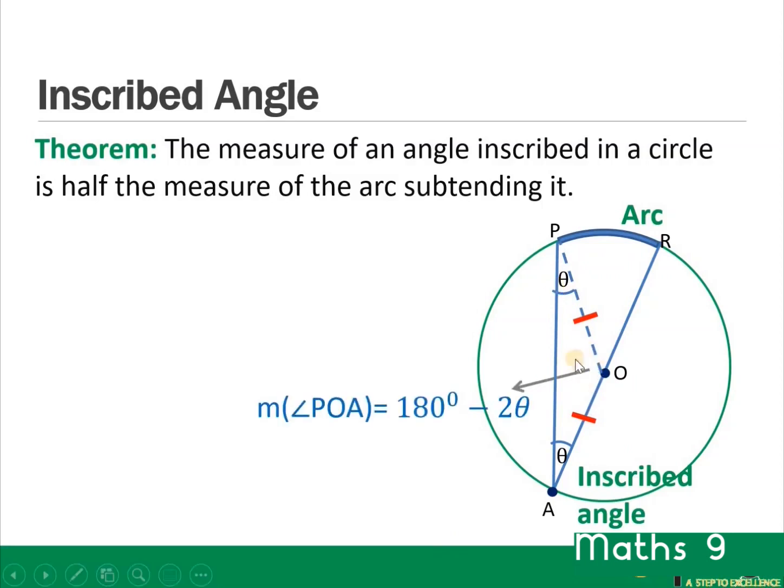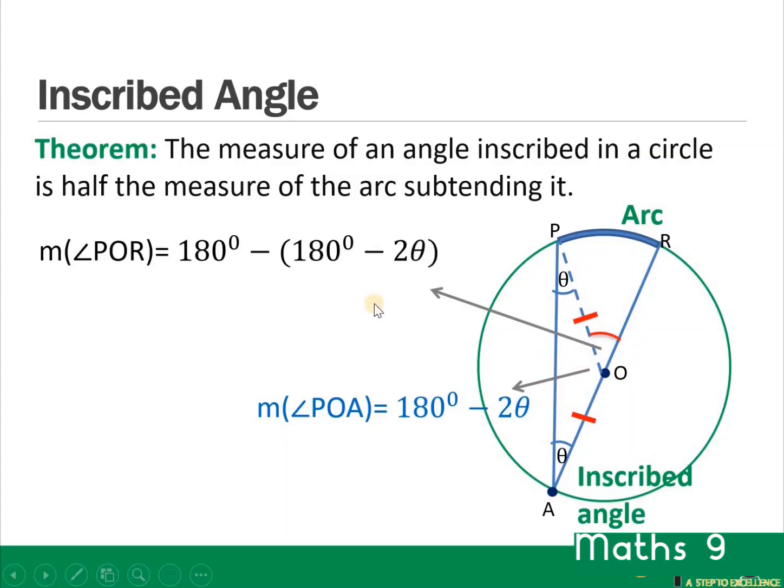Now this angle here is going to be 180 minus 2 theta, because the angles in a triangle add up to 180. And then this angle here is going to be 180 minus (180 minus 2 theta), because these 2 angles here lie on a straight line, so they add up to 180. This simplifies to 180 minus 180 plus 2 theta, which is 2 theta.